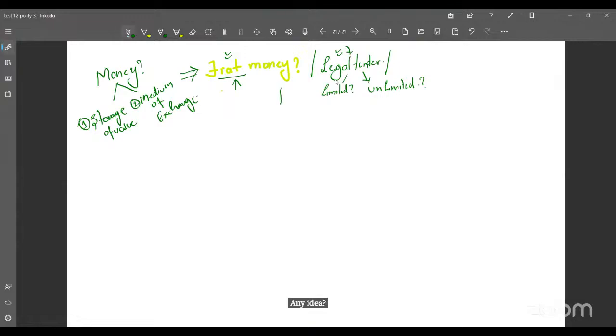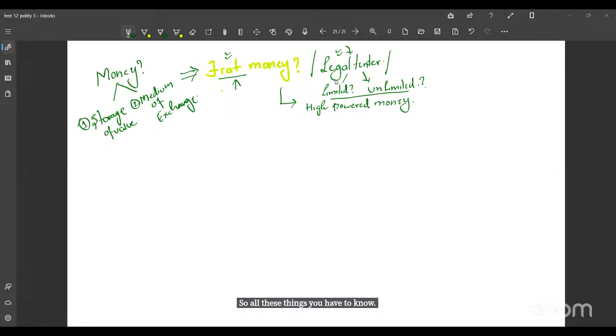Which one do we call high powered money? So all these things you have to know. So this is the basics which you should know.